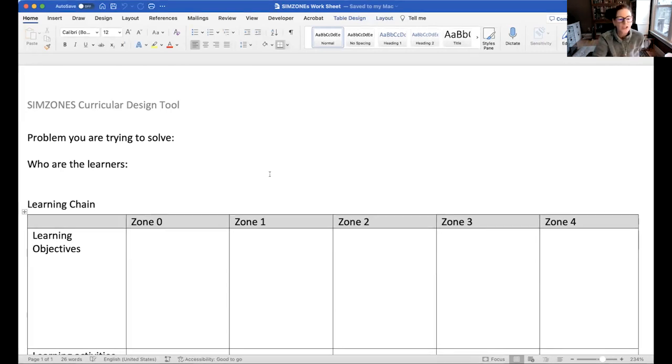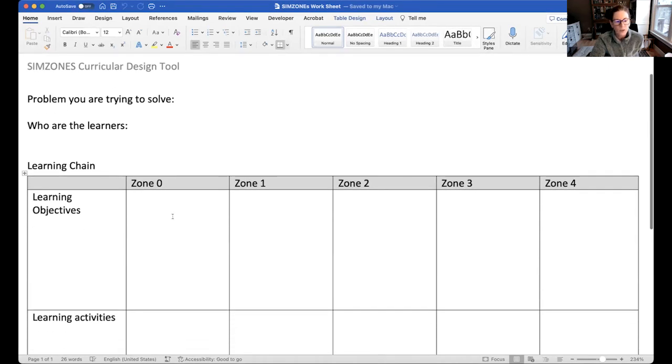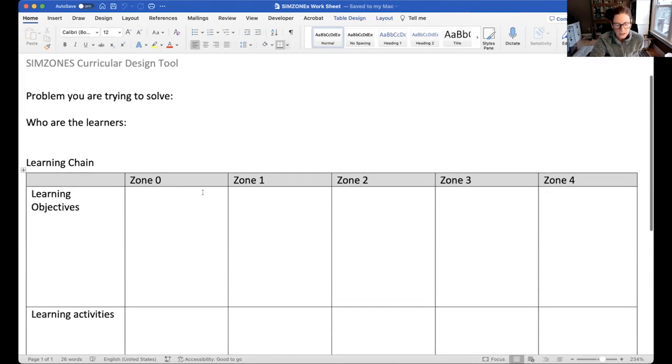Who are the learners, and then creating these learning chains so that we're thinking about, where is their zone 1 learning and didactic, and where did they get to practice zone 1? And now they're ready to be in zone 2. Do we need to do a refresh before they come, because it's been 2 quarters? So I'd love to get your feedback and any questions.